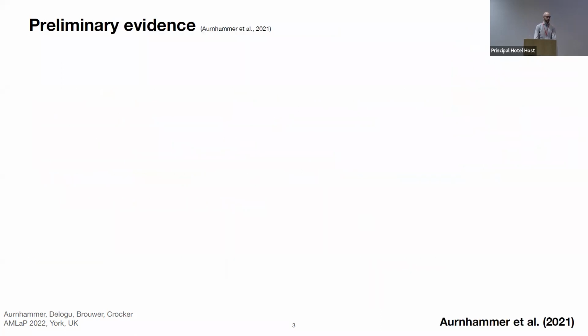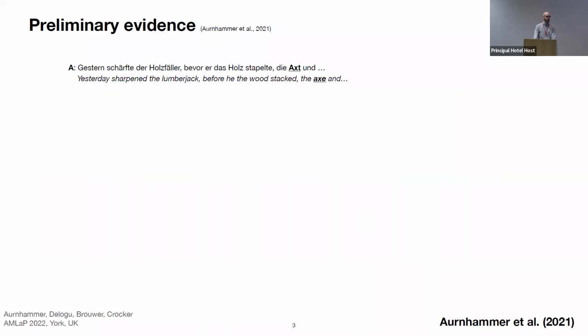Now, some preliminary evidence, actually data that I had the chance to present at last year's MLab, where we looked at only the data of a baseline condition of my experiment. And the sentence went something like, yesterday the lumberjack sharpened something, the X, and the target word X generally was expected, but there was actually variability in cloze probability here.